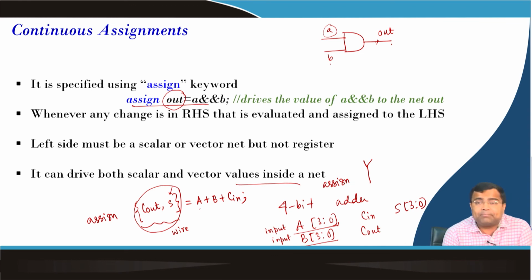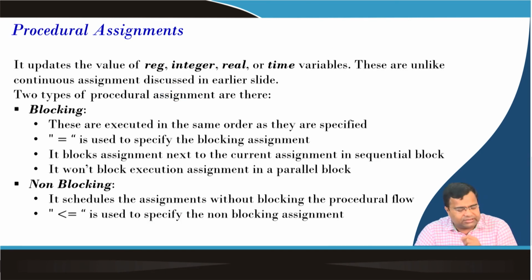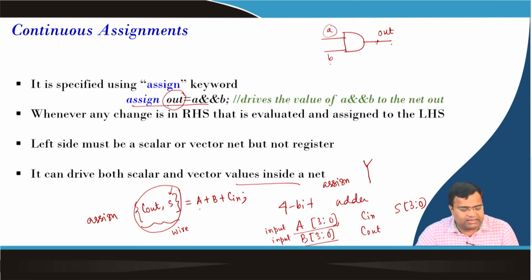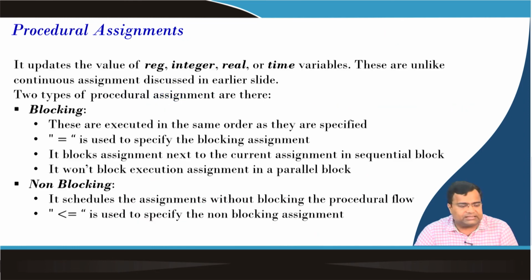But A and B can be coming from a register, that is possible. The data may be coming from a synchronous circuit, no problem. So the right side can have register type data, but the left side must be a wire type, that means instantaneous. It can be a vector, but it cannot be a register.